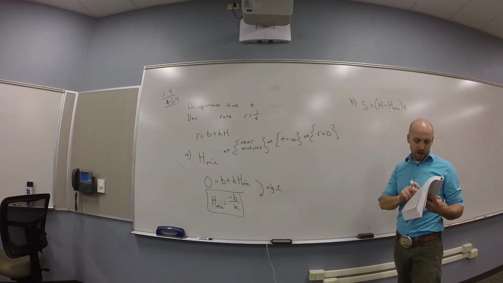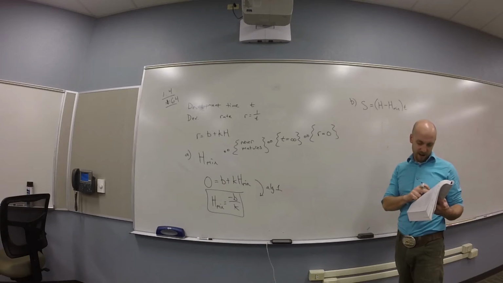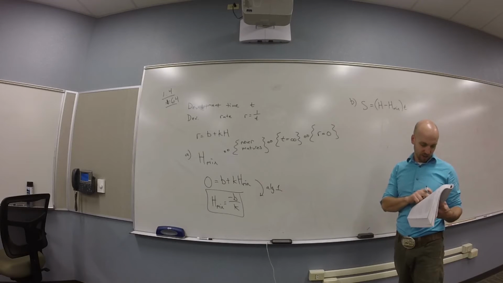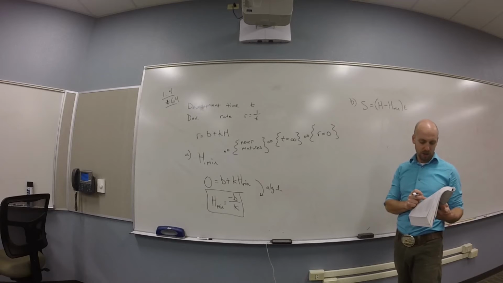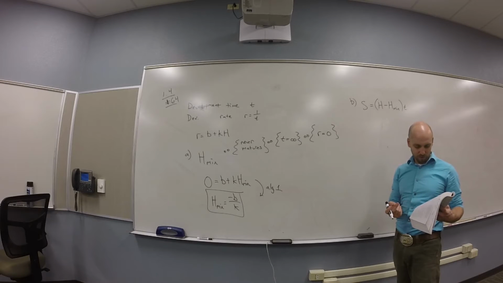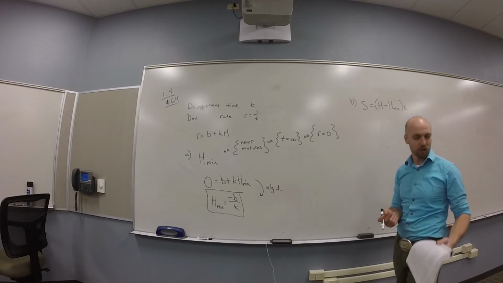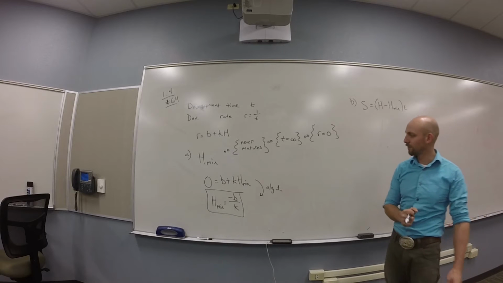S is the number of degree days. That is, S is the number of days t times the number of degrees between h and h min. Use the formula for r to show that S is a constant. In other words, find a formula for S that does not involve h. Your formula will involve k.